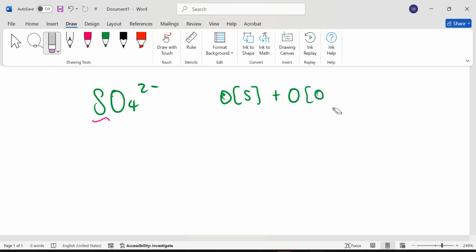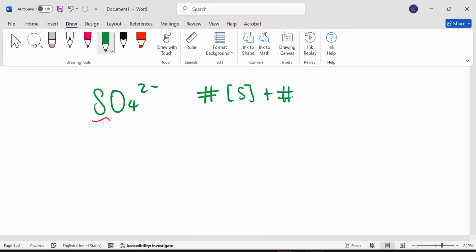I'm just going to put a hash sign, so please bear with me. Hash just means oxidation number. So the oxidation number of sulfur plus the oxidation number of oxygen equals the charge, which is -2.